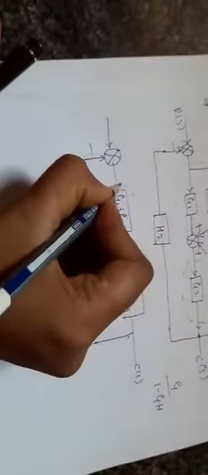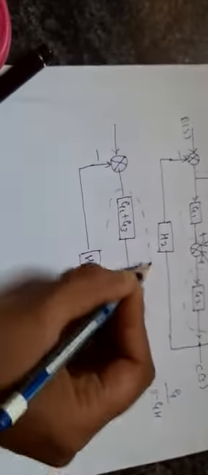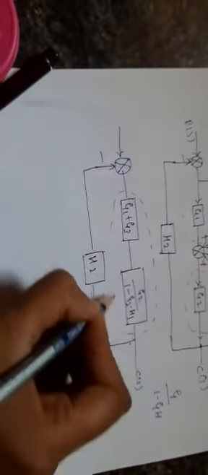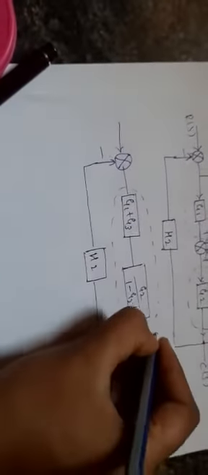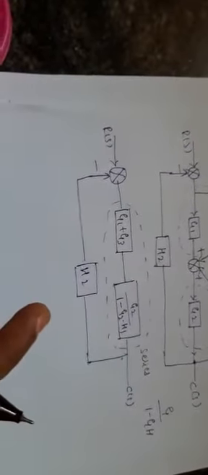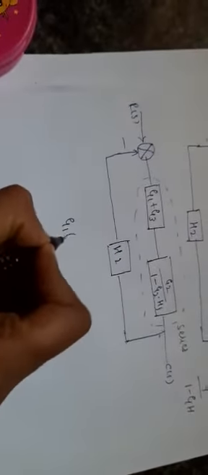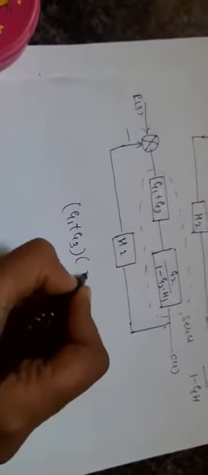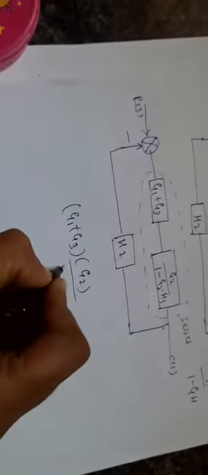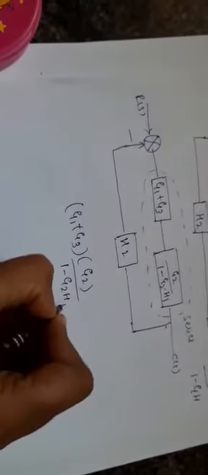Now see how these are looking. They are looking like a series combination. If two components are in series combination, then how do we do it? We replace them with a single component, that is the multiplication of these two gains. So multiplication: G1 plus G3 into G2 divided by 1 minus G2 H1.